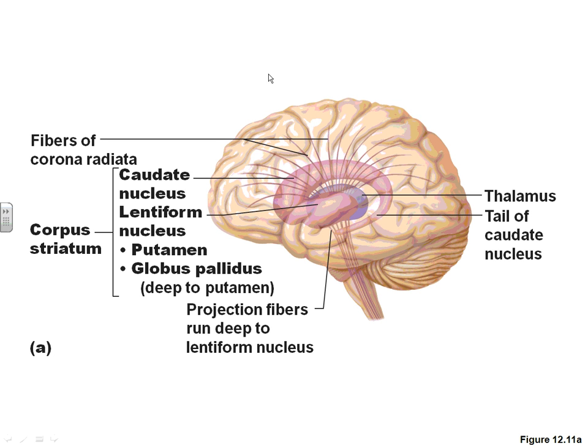If we look at a side view of the brain, showing you on the inside, this is where your caudate nucleus is going to be located, and this is where your lentiform nucleus is going to be located. They're located in the very center, and you can see how the projection fibers will run up, and they have to go in through these nuclei to continue.